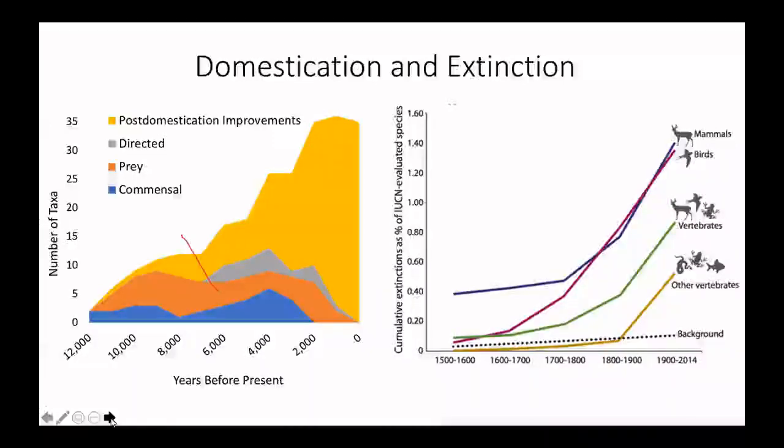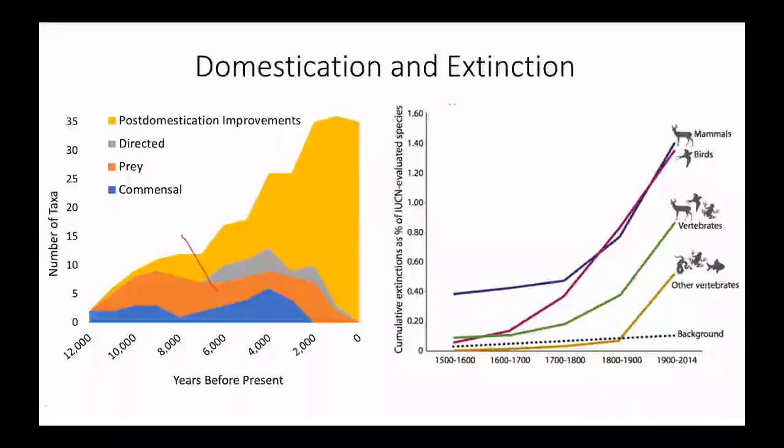So what I've got here is a couple of images lifted from the internet, where on the left, people have pulled together data saying, when did domestication happen? What different kinds of domestication have happened? And what you should be able to see is that commensal domestication, which is the kind of thing that we're exploring, this commensalism of humans providing food, is believed to be one of the first forms of domestication.